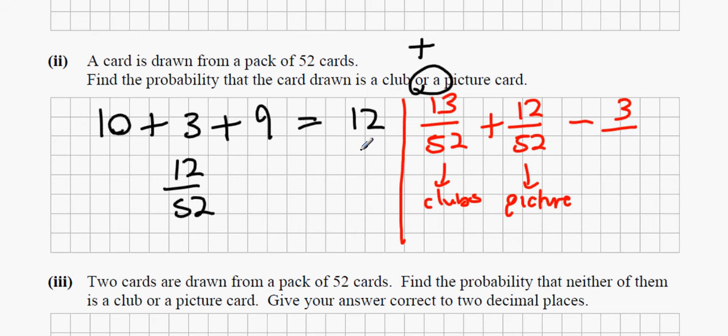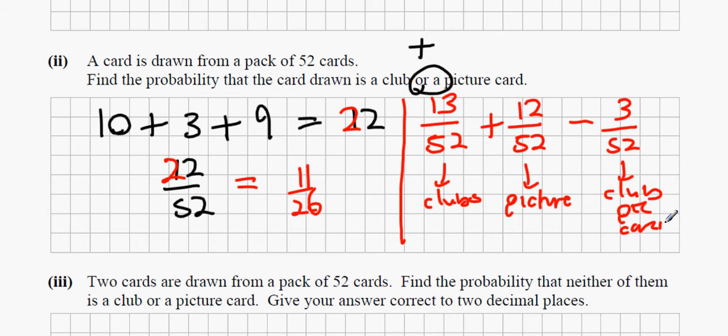I said it's 22. Sorry, 22 out of 52, guys. Excuse me about that. 22 out of 52 is 11 out of 26 for that question there. So this is clubs, picture cards, and the 3 out of 52 clubs that are picture cards. If you do it this way, the answer also turns out to be 22 out of 52, which is 11 out of 26.